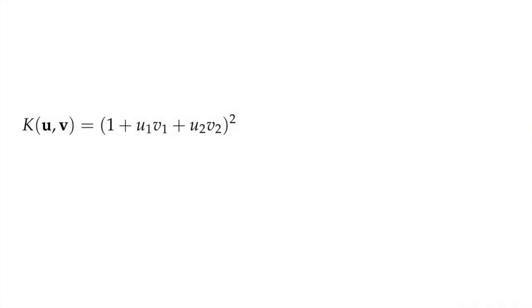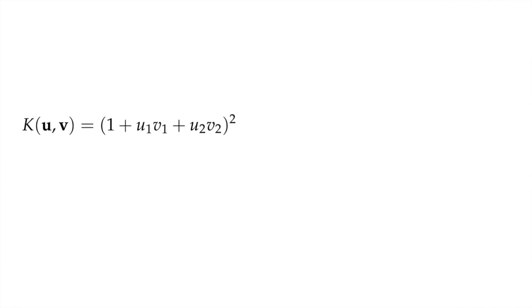So let's consider a very simple example where d, our input dimension, is 2, and p, our monomial degree, is also 2. In this case, k(u, v) is this expression here, 1 plus u1v1 plus u2v2, all of that squared.